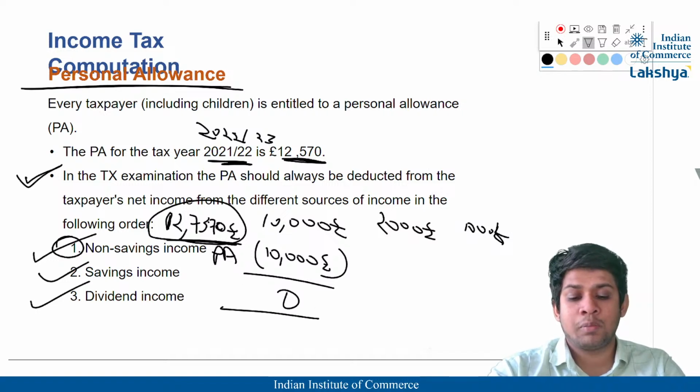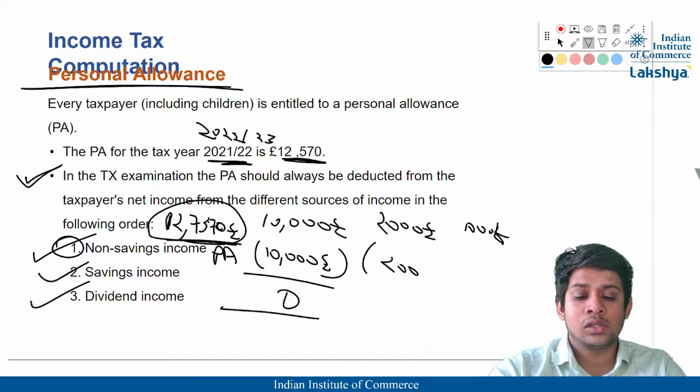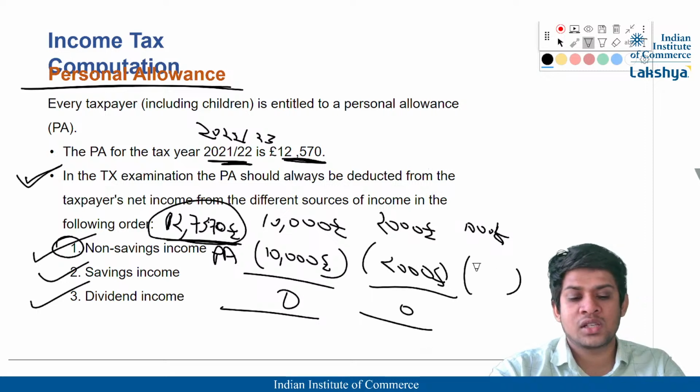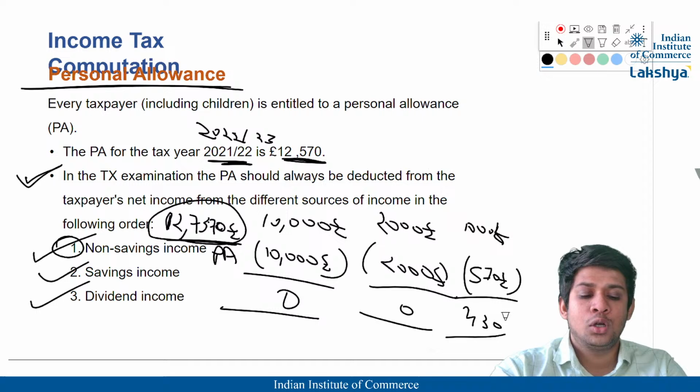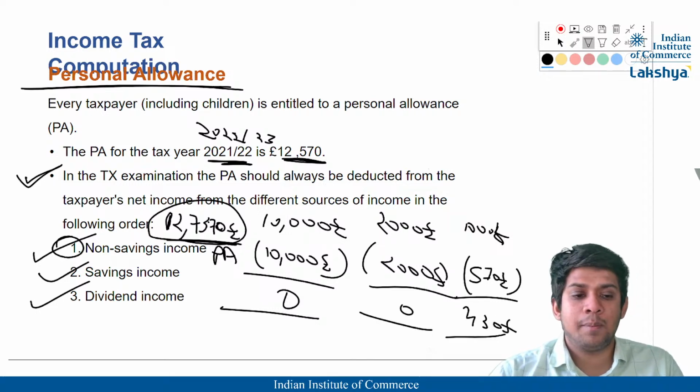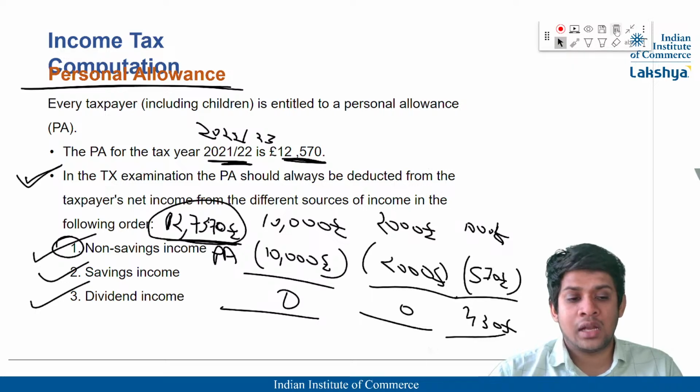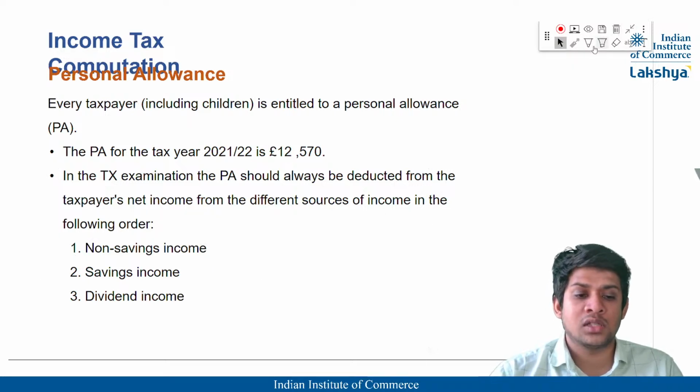Still 2,570 pounds is remaining. So 2,000 I'll deduct from here to make this zero. Then there is still unutilized personal allowance of 570 pounds that I can use to make my dividend income 430 pounds. Technically, it is not like this. I'm just showing you how your personal allowance can be utilized.